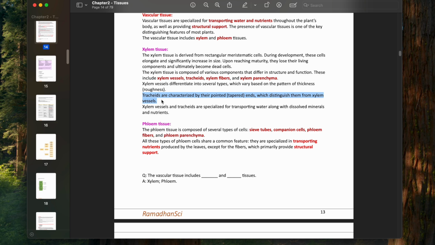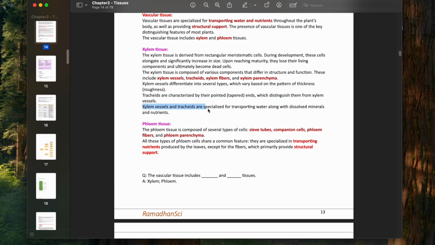They can also give you a question telling you what are the characteristics or features for each of the following, and they will tell you tracheids. So here are the characteristics of the tracheid. We said that they're tapered at the ends, and that's what distinguishes them from the xylem vessels.